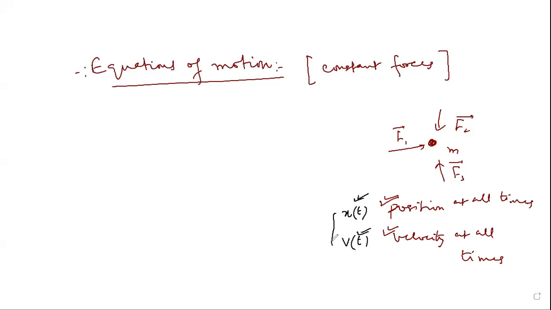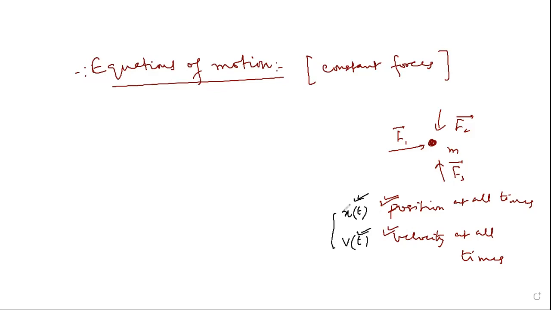Now these equations, the equations by which we make prediction of the position at all times and velocity at all times, are called equations of motion, right?